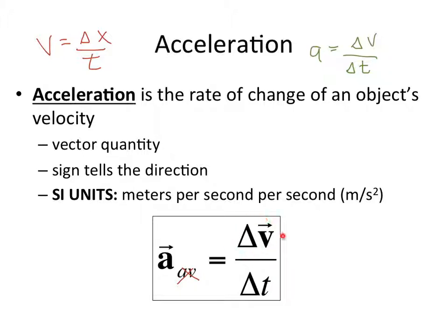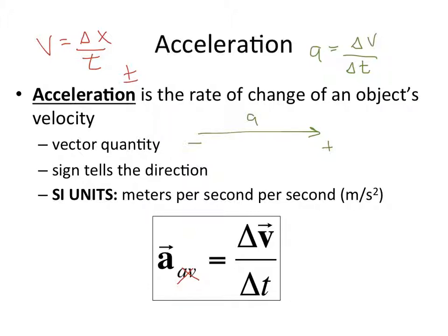Since velocity is a vector, that makes acceleration a vector, so it's got a direction. You can have a positive acceleration, or you can have a negative acceleration as well, but both positive or negative accelerations are accelerations. Just like velocities, you can have a positive velocity or a negative velocity.